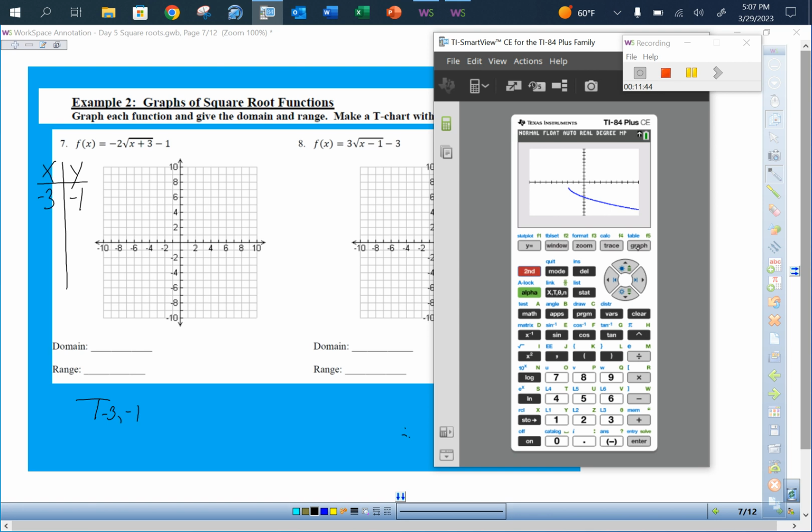But let's go to the table. Let's put negative 3 at the top. And the ordered pairs I like, -3, -1, -2, -3, 1, -5, and 6, -7. So let's graph those real fast.